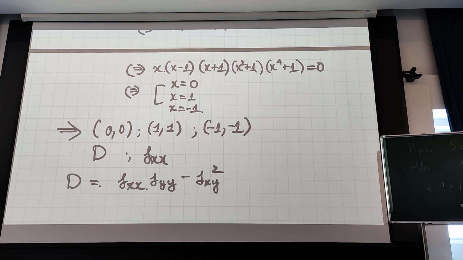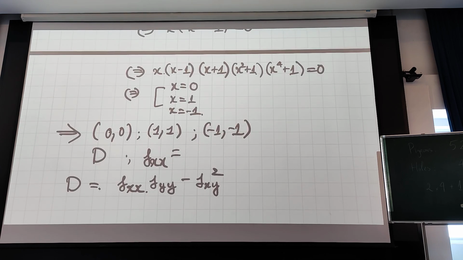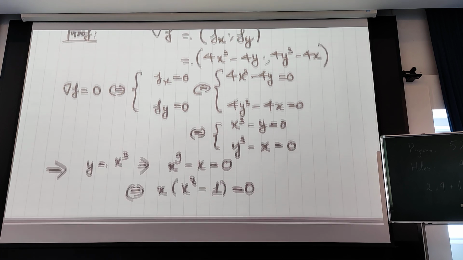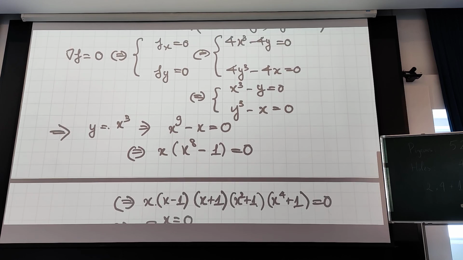So we need to find fxx. So what is our function? So here is fx. This one is fx. This one is fy. So fxx is 12x squared.